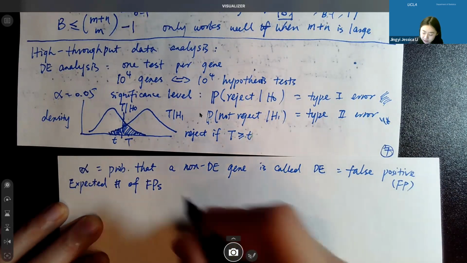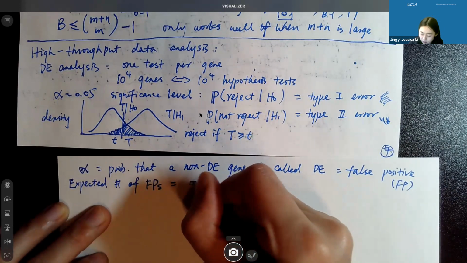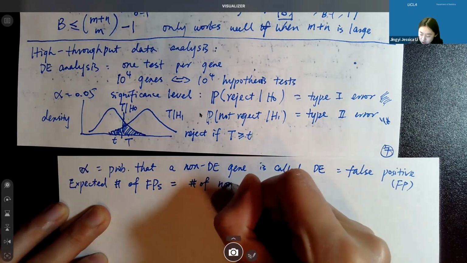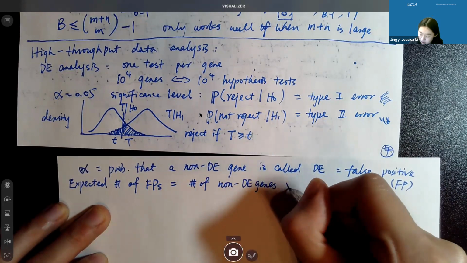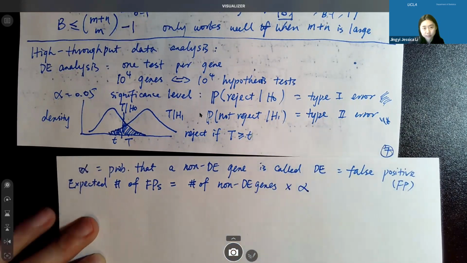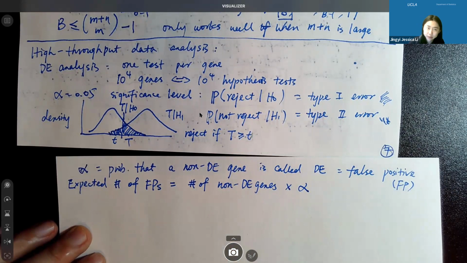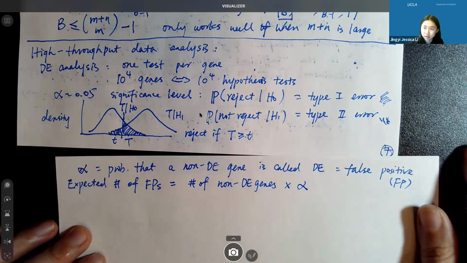False positives is actually the number of non-DE genes times alpha. That would be the expected number. And since we believe that the majority of genes are non-DE, only a small proportion is DE.